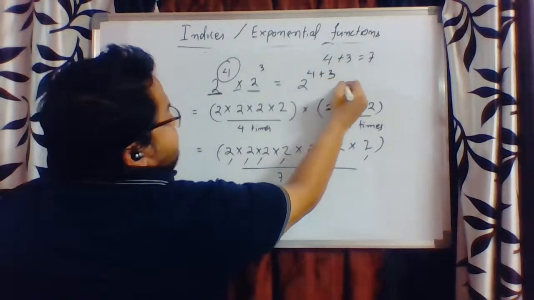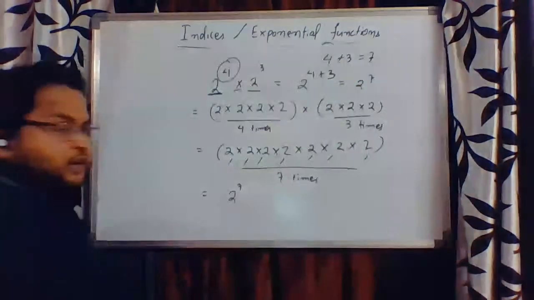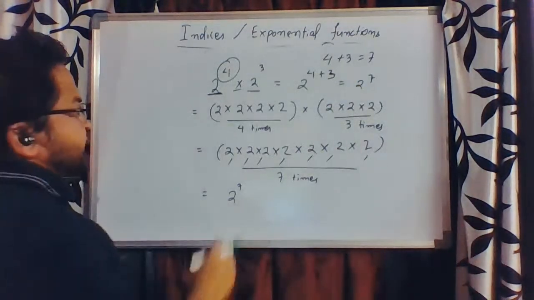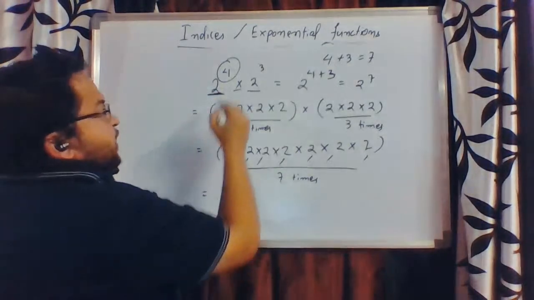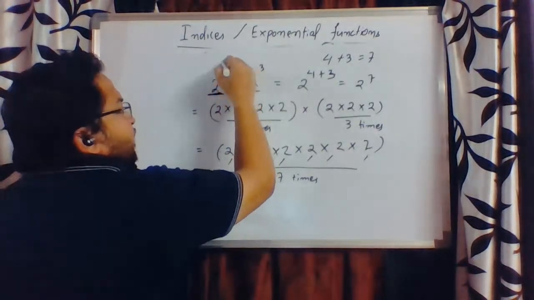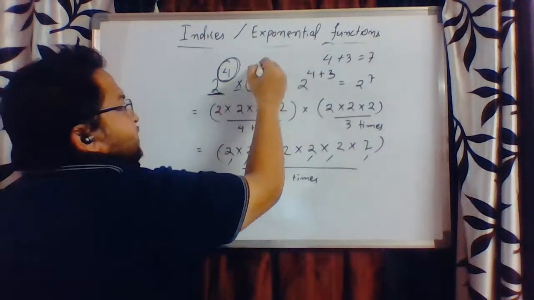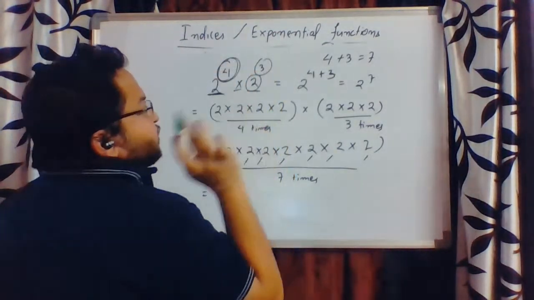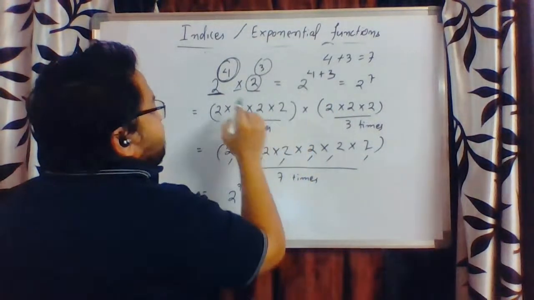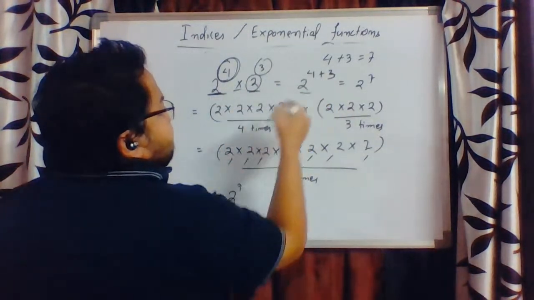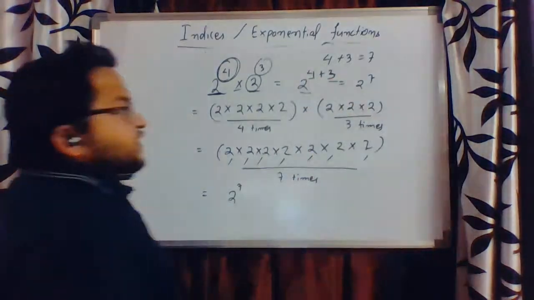So 4 plus 3, that is nothing but 2 to the power 7. Okay, I repeat, when the base is same and it is raised to some index, multiplied by the same base raised to either the same or a different index, doesn't matter, the relationship would be: retain the same base and add both the indices.